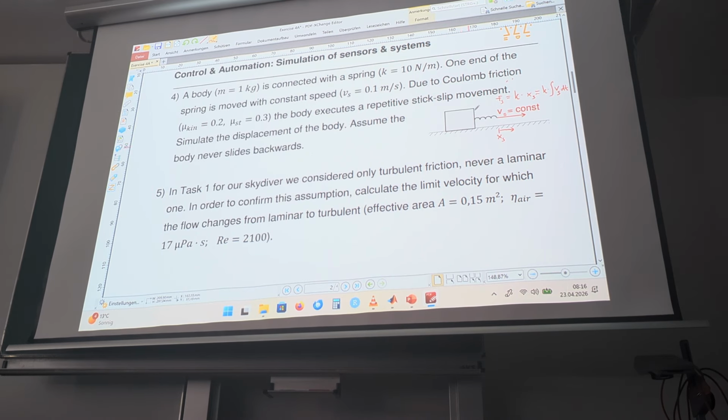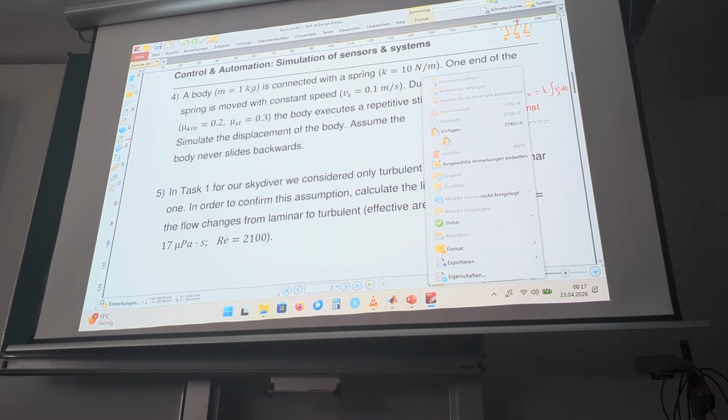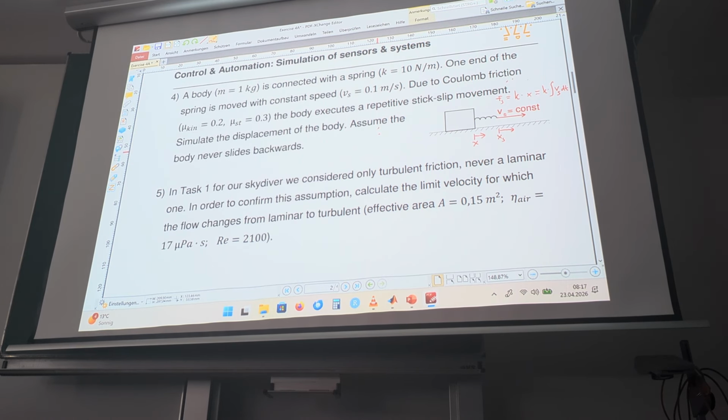Actually, as soon as the block moves, we need to take the difference between x of the spring and the position of the block. So actually we should use the difference here.